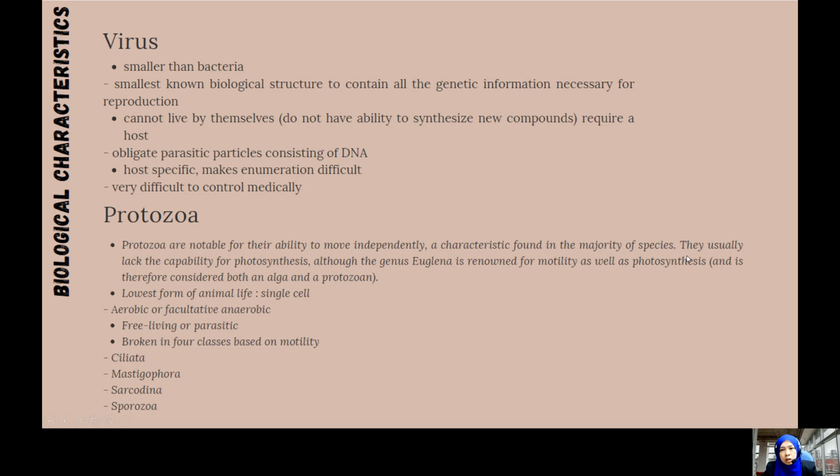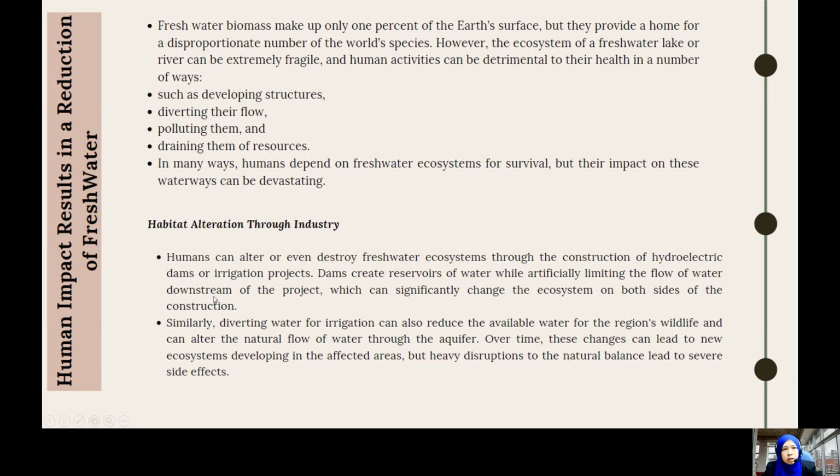Protozoa are free living or parasitic, and are also broken into four classes based on motility, for example Ciliata, Mastigophora, Sarcodina and Sporozoa.